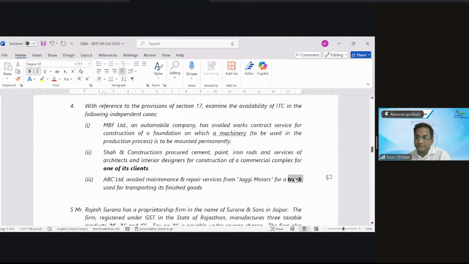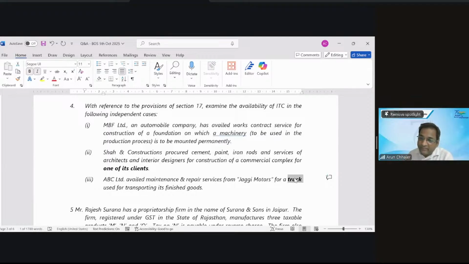Harshit, because it is a truck, if you go to section 17, sub-section 5, clause (a), which talks about motor vehicles used for transportation of persons, that is only under the blocked category.